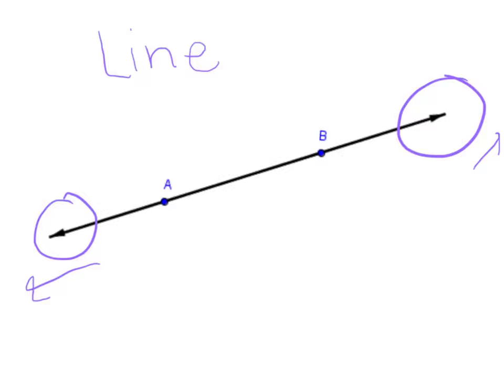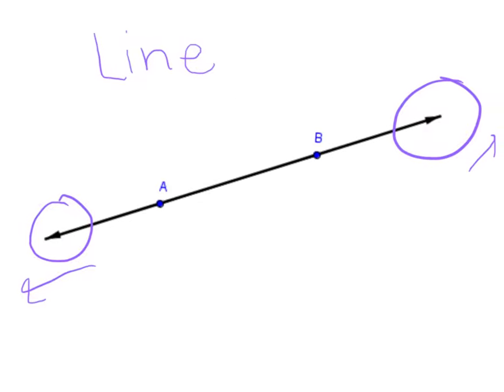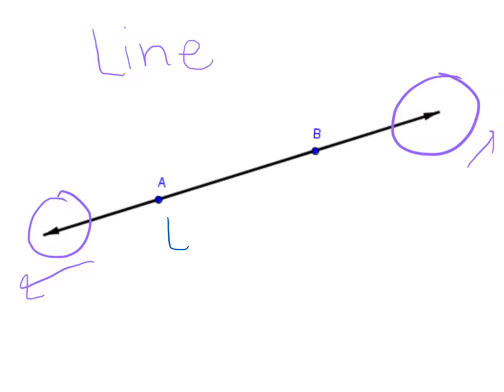Okay, so now let's name this line. This line is very similar to a line segment. The line has no beginning and no end. The line segment has a beginning and an end. But to name it, you name it the same way. So we could call it line AB. But that's long. We'd rather do it a short way.